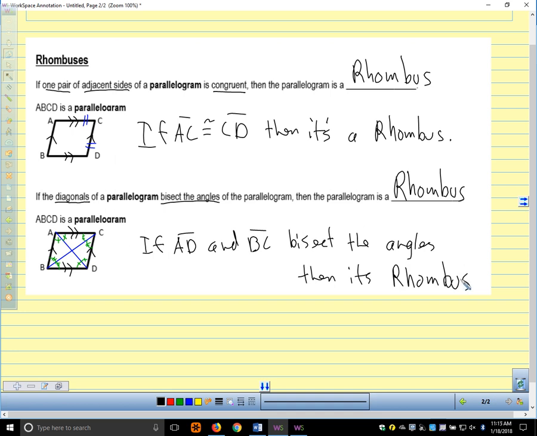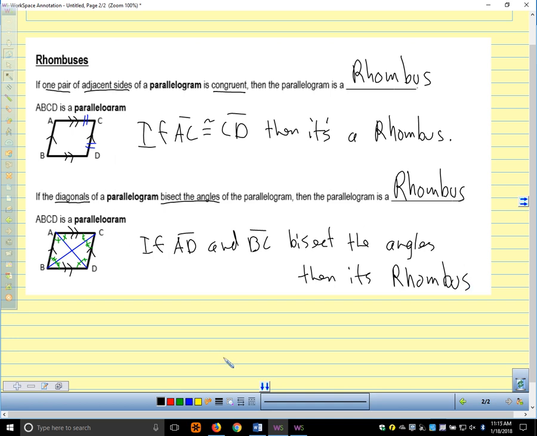So bisect the angles, you know these are congruent. You might be told in various different ways that the diagonals bisect the angles, but that guarantees us that we have a rhombus. All right, we good there.